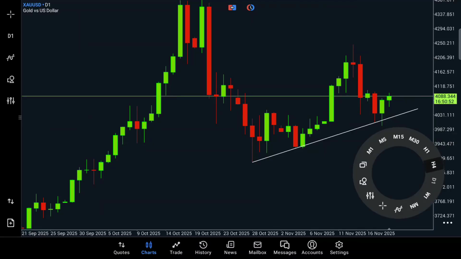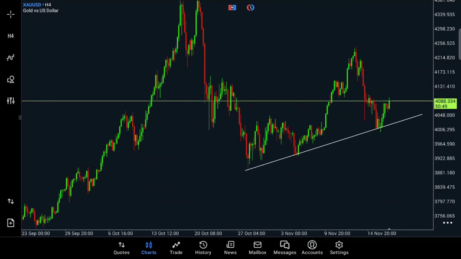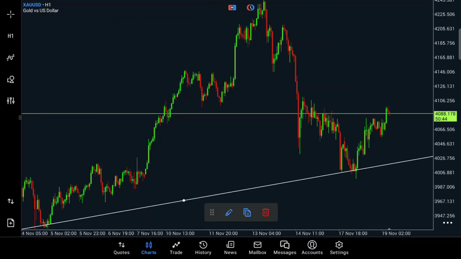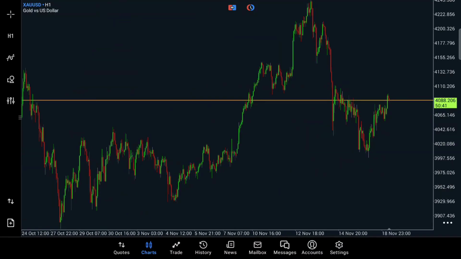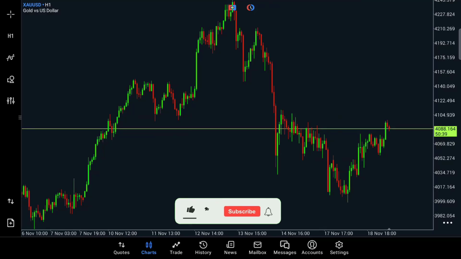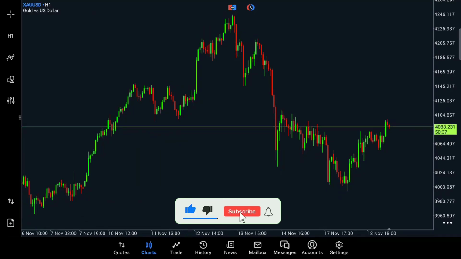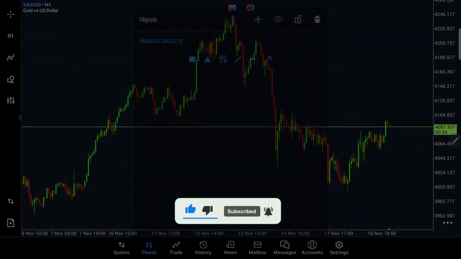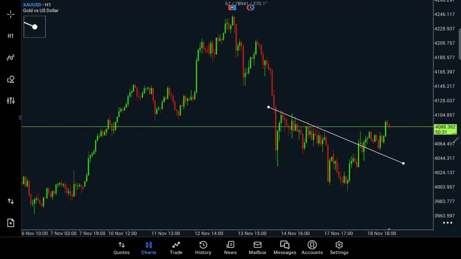Let's check the H4 or H1 time frame. In the H4 time frame, as you can see, the same scenario over here, and for H1, let's remove all the previous drawings and find out today's key support or resistance area. Okay, as you can see, I told you about that trend line yesterday, and exactly there is a breakout, then we told you to wait for a pullback, then there is a pullback, and then boom, it is trying to move upward.